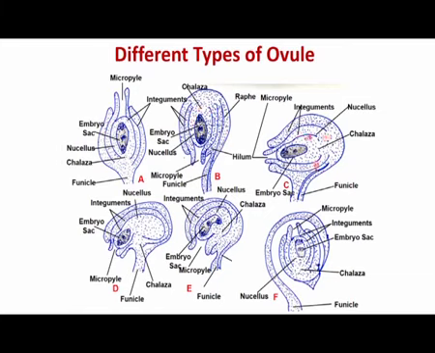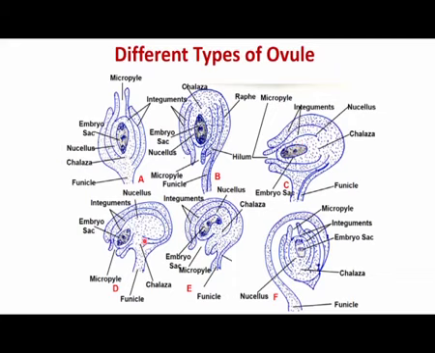This means the micropyle is almost at right angle to the funiculus. The micropyle-chalaza line is horizontal and placed at 90 degrees to the line of the funiculus. The embryo sac is still straight in all the three cases, and the example in this case is Ranunculus.